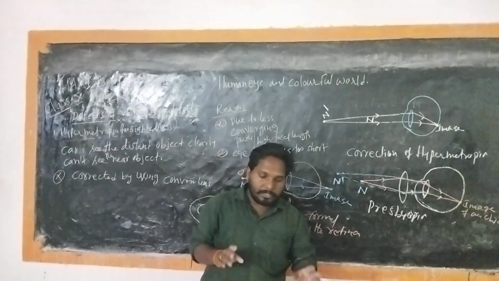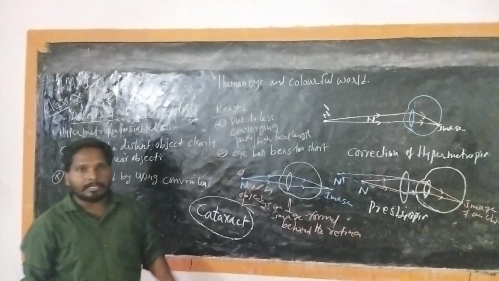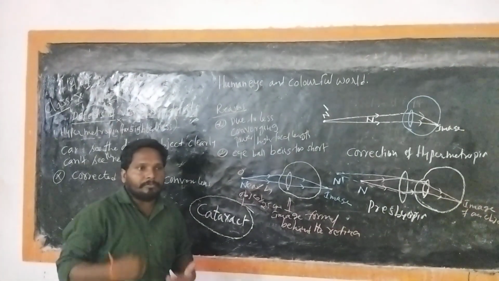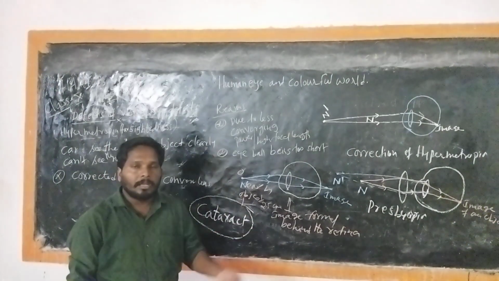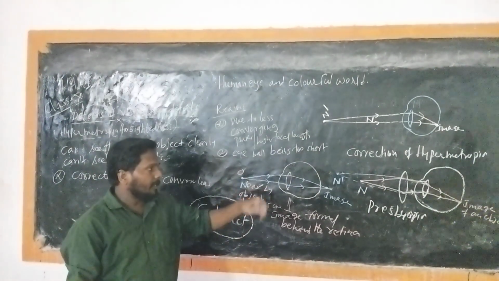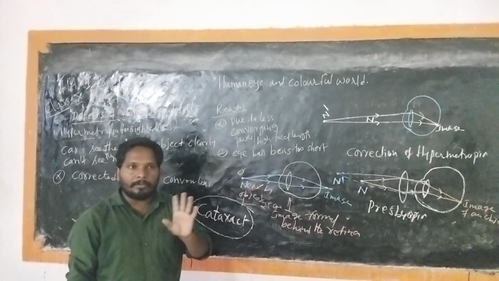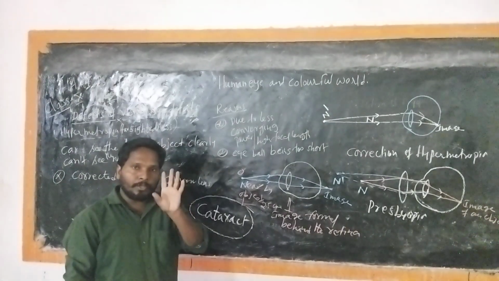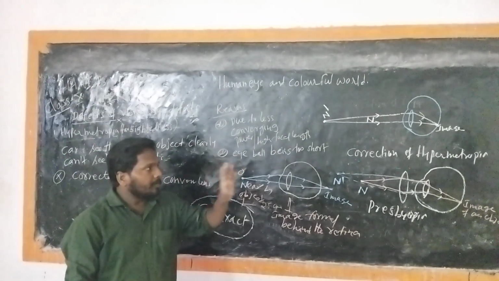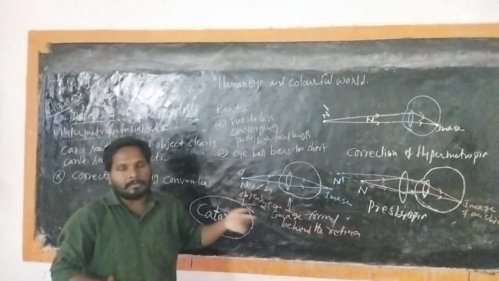When we draw the diagrams perfectly, then writing the matter is very easy. If you know the answer very well but don't know drawing the diagrams, there is confusion about how to draw the diagram. Whenever you practice the diagrams, just by seeing the diagrams you are able to write the answer.